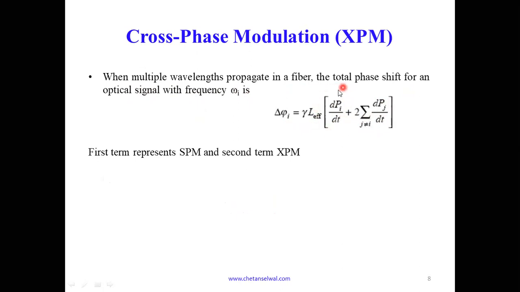Here the first term dPi by dt represents self-phase modulation, because here we are talking about the same channel i, and the second term represents cross-phase modulation or XPM, because here for channel i we are considering all other wavelengths, except j equal to i. So this is how XPM works in optical fiber channels.